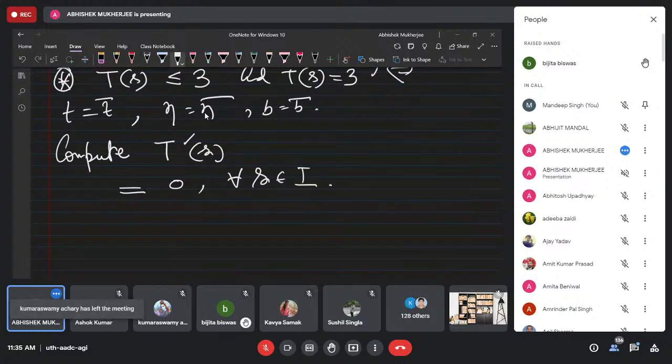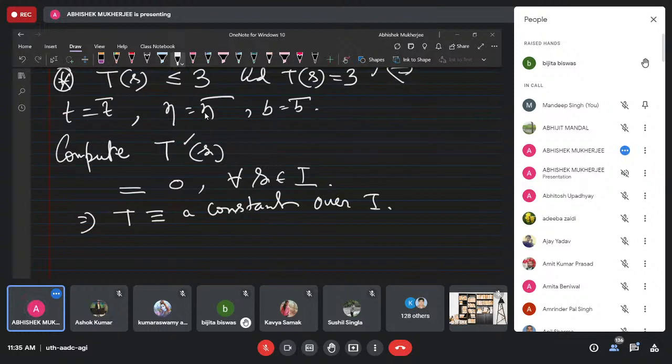This is true for all S belongs to I. And therefore this T is a constant over I.